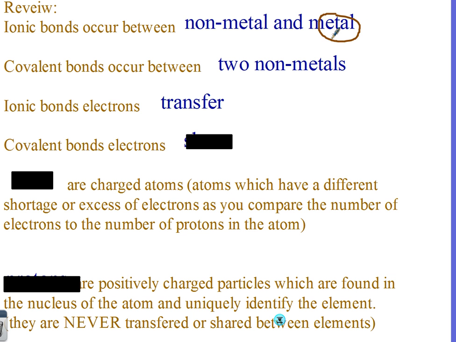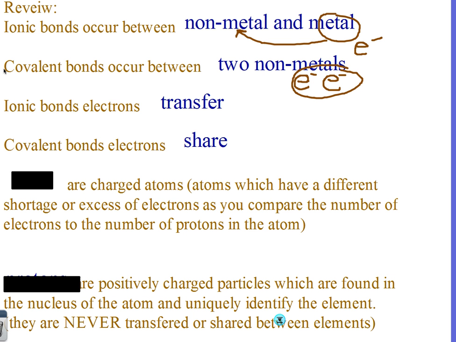Electrons are transferred from the metal atom to the nonmetal atom in ionic bonding. In covalent bonding, the electrons are shared between the two nonmetals. So you get an electron from one nonmetal, you get an electron from another nonmetal, and they're shared between nonmetals. Okay, great.